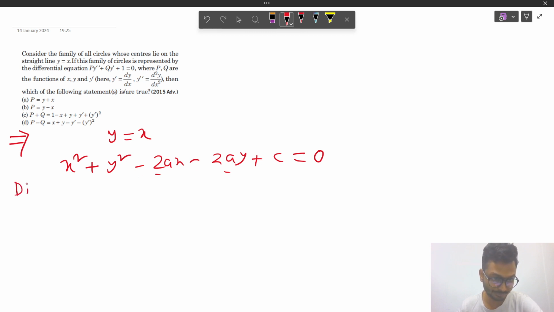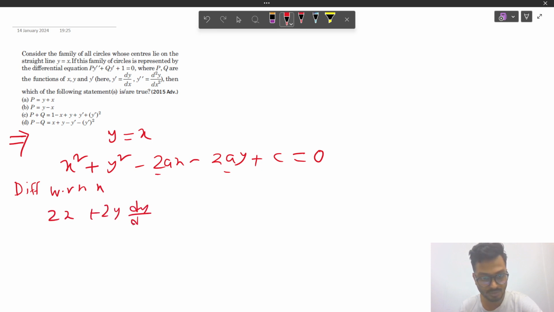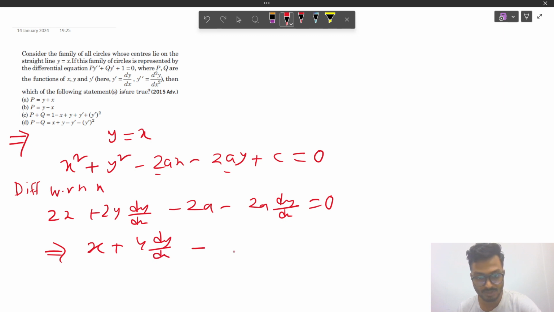Now differentiate with respect to x. So 2x plus 2y dy dx minus 2a minus 2a dy dx equals 0, which implies x plus y dy dx minus a dy dx equals 0.